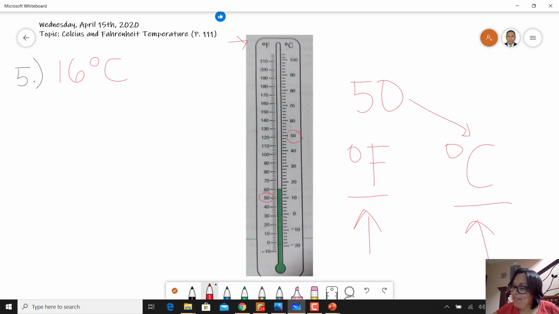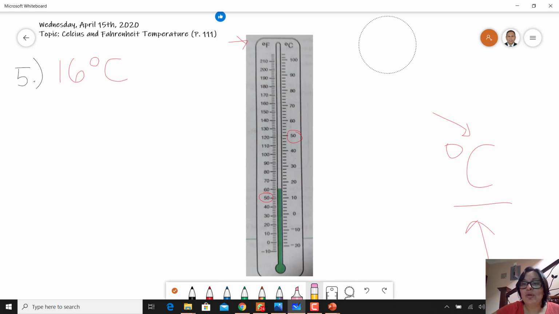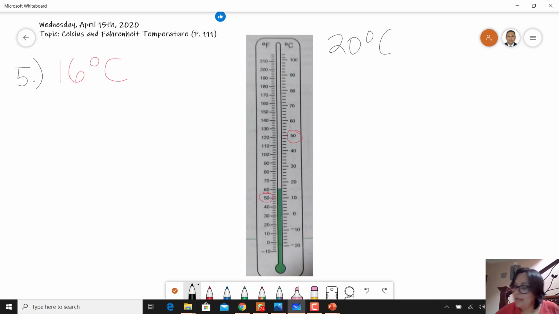And in number 11, 12, 13, and 14, what you have to do is to look for the change in temperature. So what do you have to do in 11, 12, and 13? Well, 11 says, for example, from 20 Celsius degrees to 35 Celsius degrees.